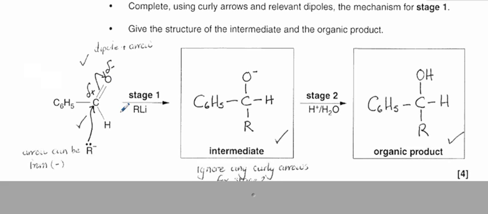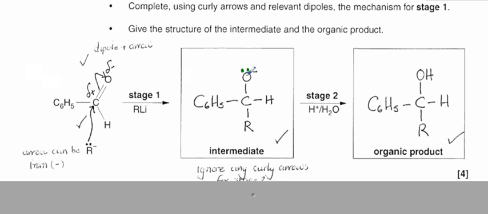oxygen. For your intermediate then, it is just like your nucleophilic addition. You've got your O with a minus, your R group is now bonded, you've still got that one H. You could also put a lone pair on that oxygen there. You don't need to, it's not on the mark scheme, but this is a curly arrow showing the movement of a pair of electrons.